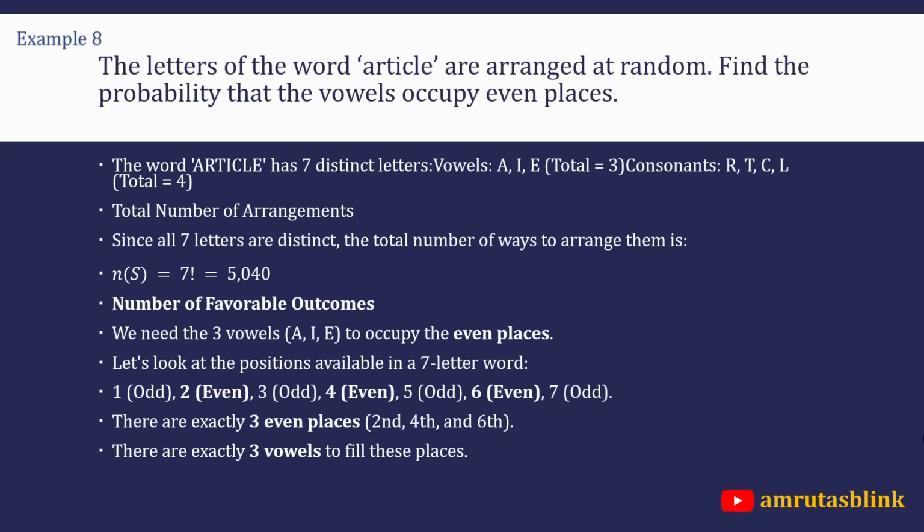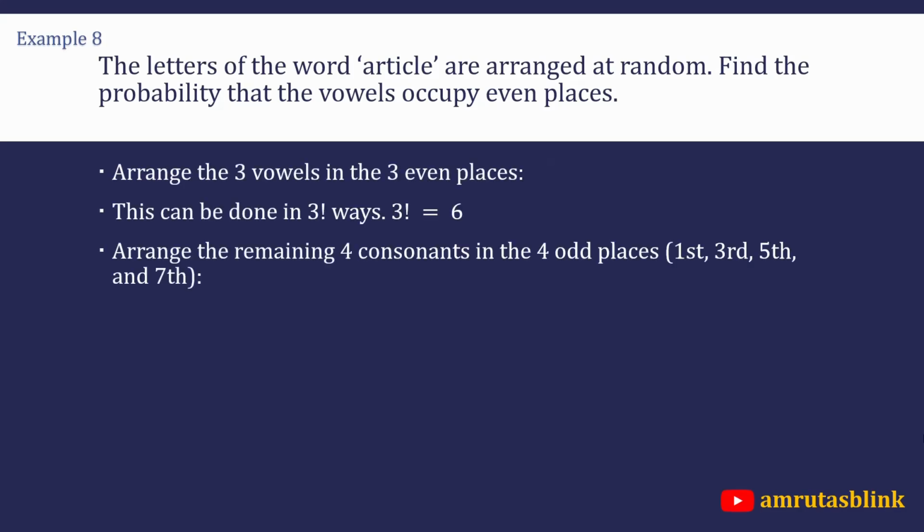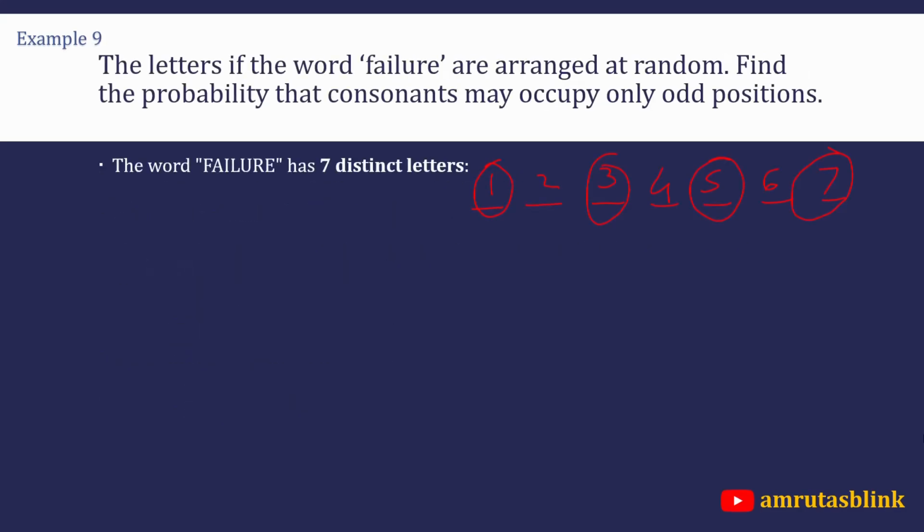So this one, example number 8, we have seen, that is from the letters of the word article we had to create different arrangements. And second scenario was example number 9, where we had to create different arrangements from the letters of the word failure.